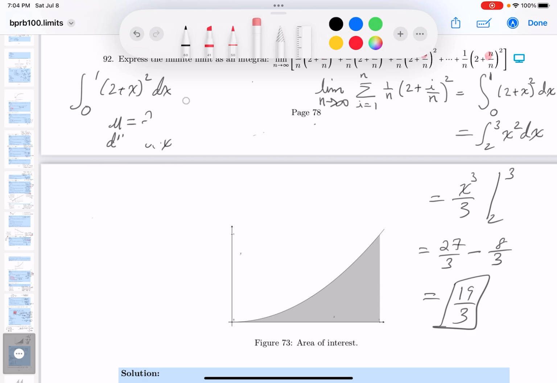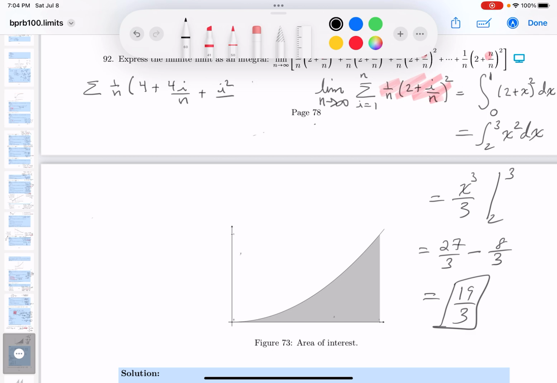And I'm going to do it the other way because it's really something that a lot of students struggle with. I'm actually going to do the sum now. It's 1 over n. Let's expand it. That's going to be 4, plus, let's see, 2i over n plus 2i over n is 4i over n. Plus, i is a counter, it's not the imaginary unit, i squared over n squared.